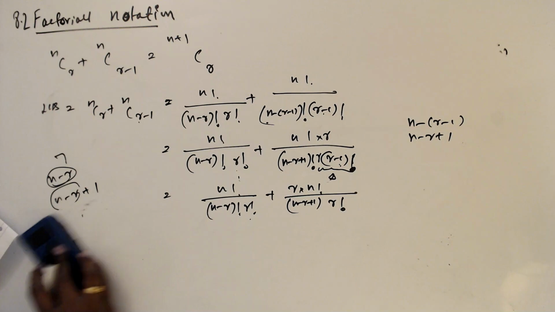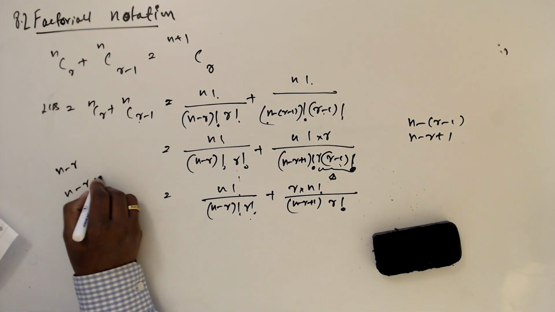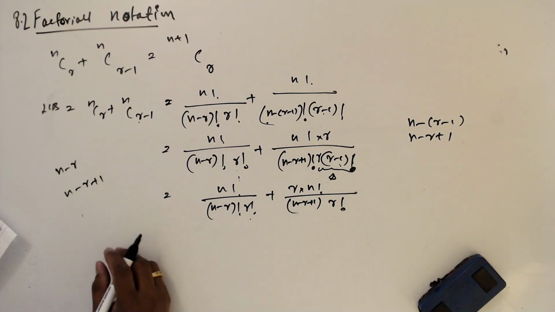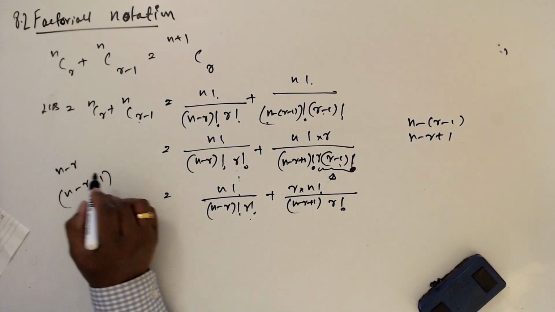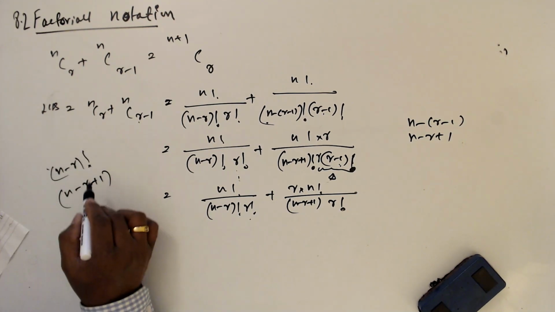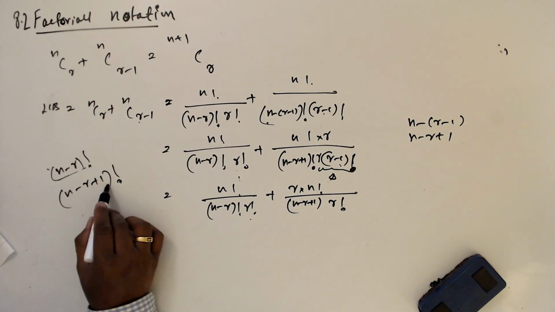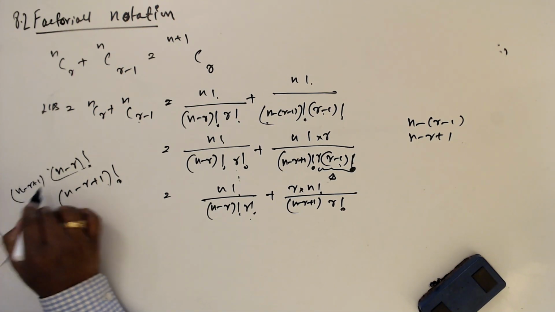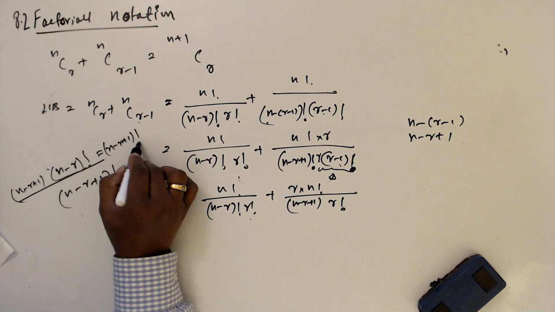So when you have n minus r and n minus r plus 1, n minus r plus 1 is bigger. If this is factorial n minus r, this is factorial n minus r plus 1. If I have another term n minus r plus 1, then I can write this as n minus r plus 1 factorial.